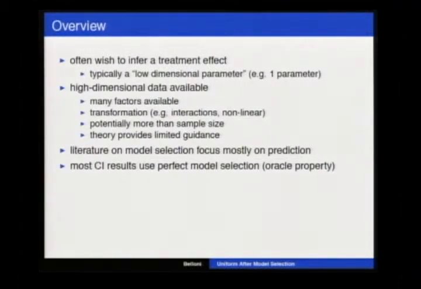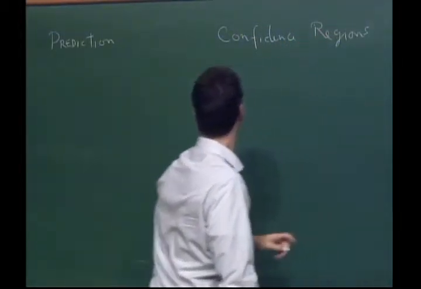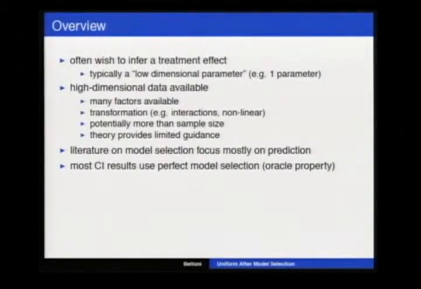And as I said before, there is an important distinction between prediction and building confidence regions. Essentially, confidence regions is a much finer result, and a little bit of misspecification matters because you're trying to build an interval which is shrinking at root n rate.